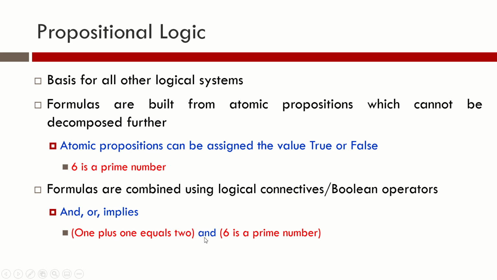When we combine these together to form a propositional formula, this formula will also have a truth value. That truth value will depend on the truth values of the operands and the meaning of the operator. So, in this case, we have true and false. True and false will give a result as false.